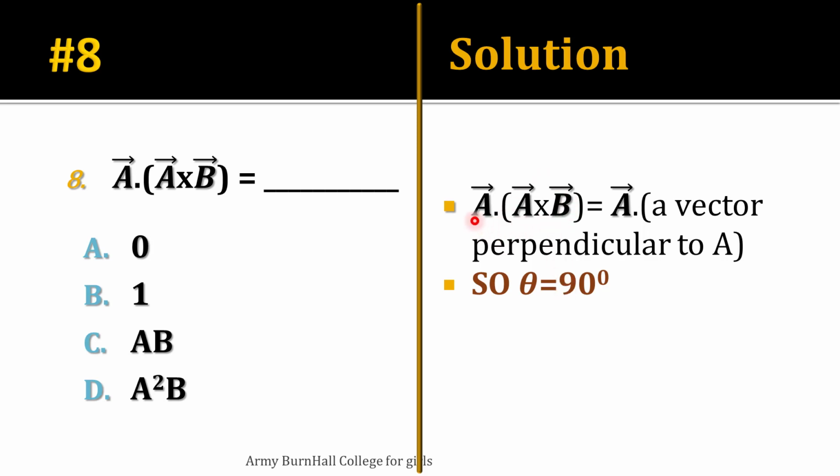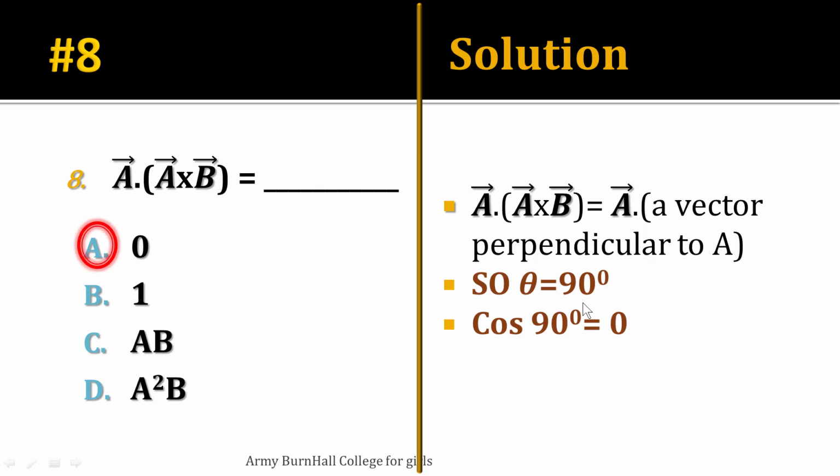Now A dot, let's say vector C, A dot C will be having an angle of 90 degrees. So we have to find out cos of 90 degrees, which is 0. So the result of this product A dot A cross B is always 0. Option A is correct.